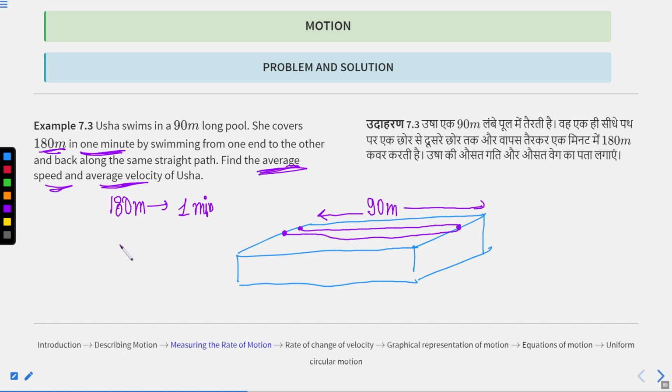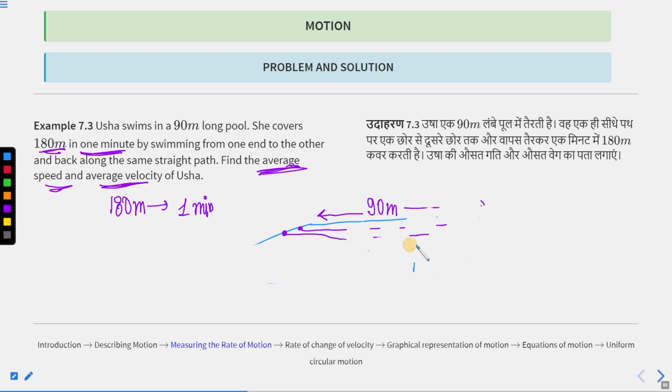We have to calculate average speed and average velocity. The figure is clear to you, so let me erase it. It's a very good question, a highly conceptual question. So this is the swimming pool.